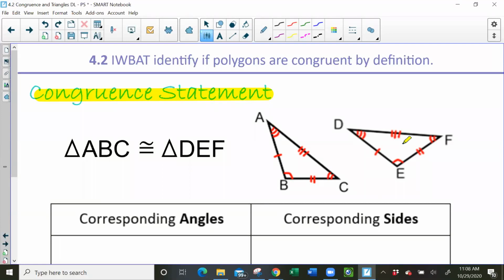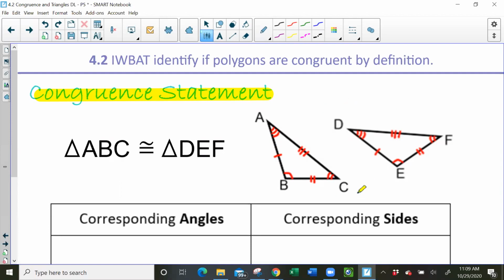If they give you a congruence statement, you can use that congruence statement to name your corresponding angles and sides. And you can do it by looking at the diagram, or you can write these by using the congruence statement. So I'm going to show you both ways.